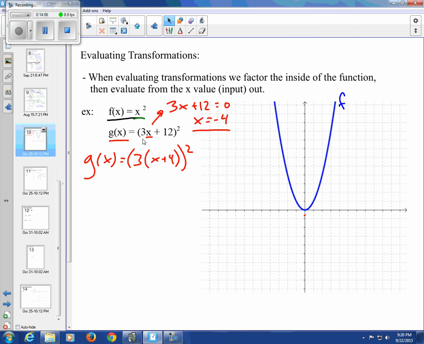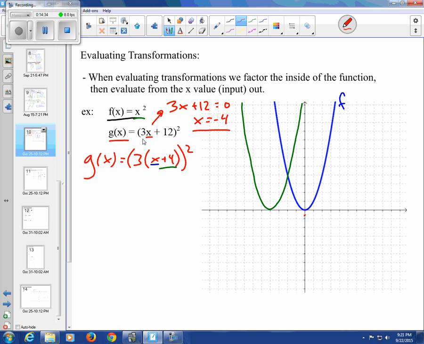Now, what we can see is that horizontal shift, 4 in the negative direction, is happening directly to x. And actually what we're able to do is evaluate these transformations from x out. So right here, the first transformation I'm seeing is that horizontal shift that takes me out to negative 4.